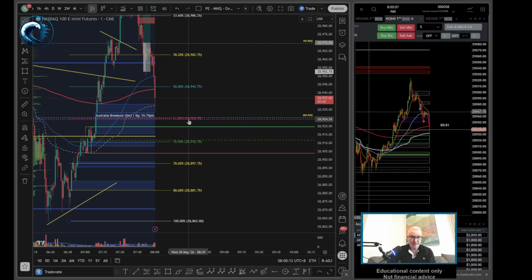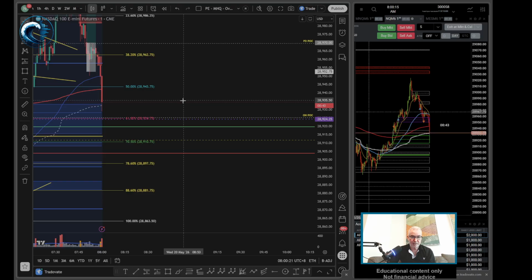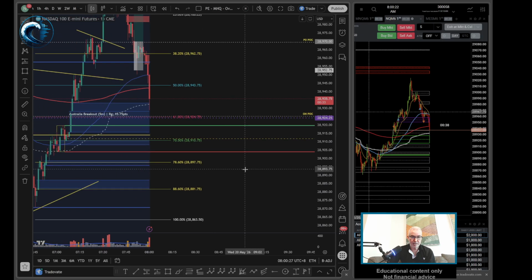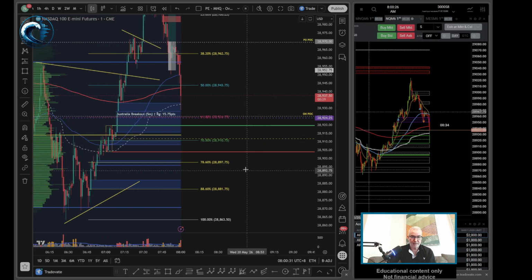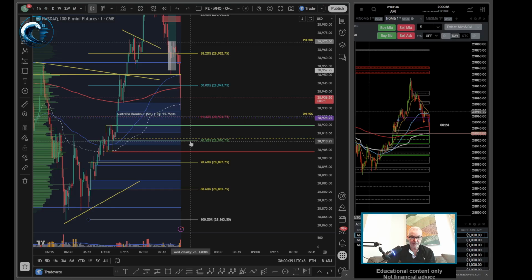So remember I was saying these are the key areas for reaction points. 61.8, 50. If the market's still strong, these are the areas where it likes retracing back from. So if we're hitting down here, and this is another area, 70.5, which is right on that 50 ORB level.